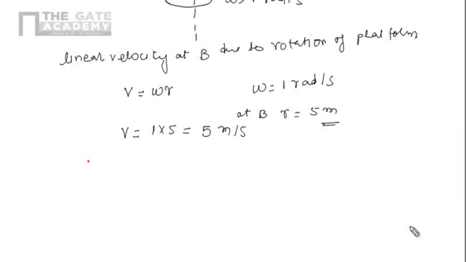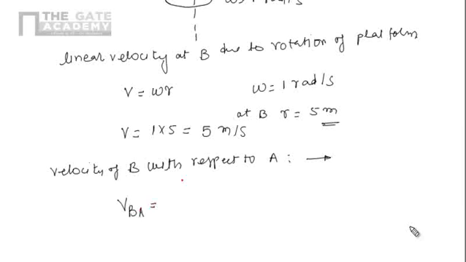Now we are interested in the velocity of B with respect to A. So we are interested in 8 minus v.